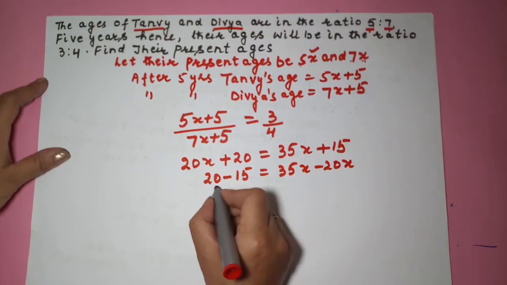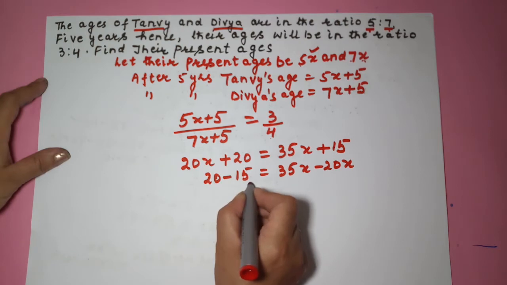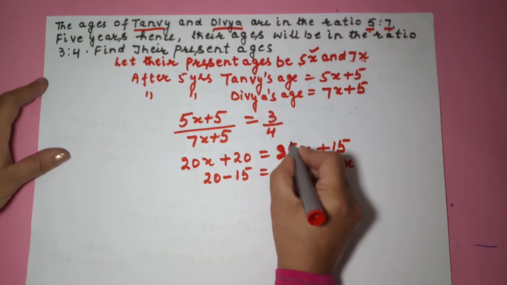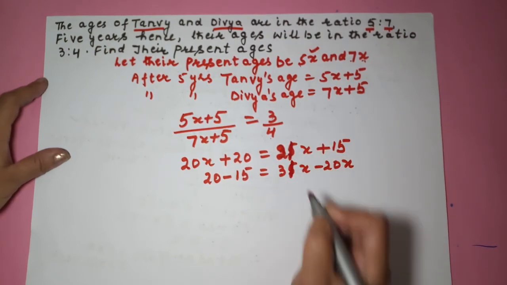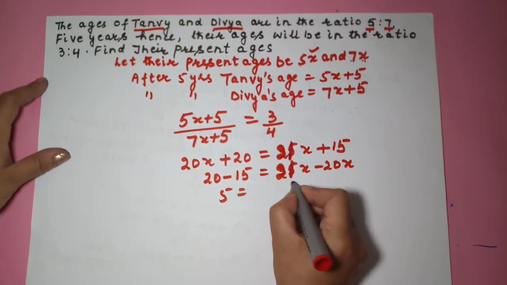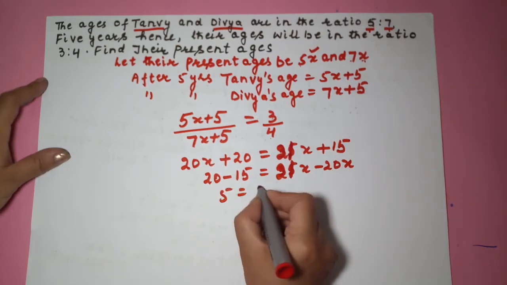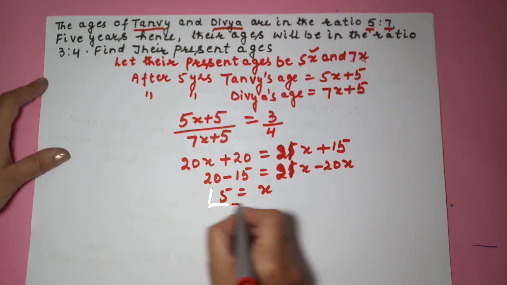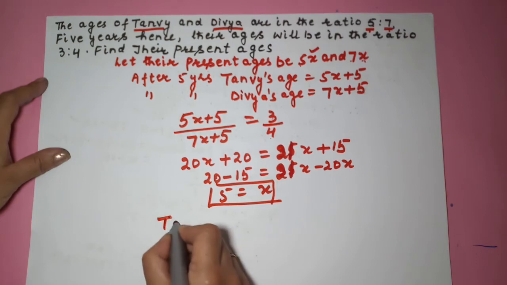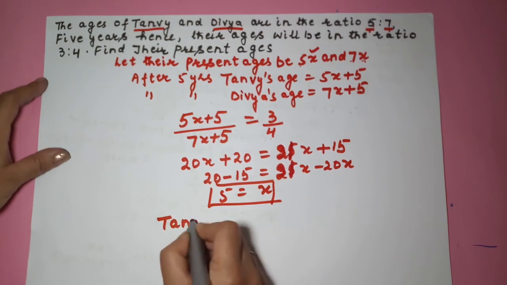Right? Oh, sorry. 7 threes are 21, so this will be 21. Sorry. So we get 5 is equal to 21x minus 20x, which is x. So we got the value of x as 5. So we can calculate Tanvi's present age.